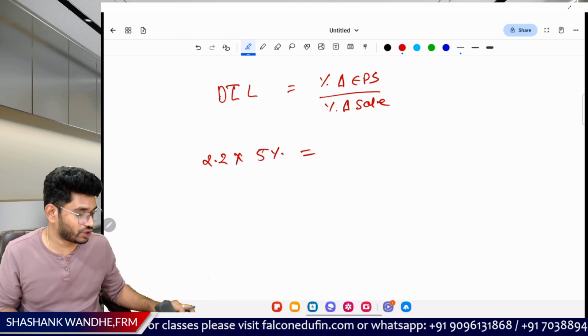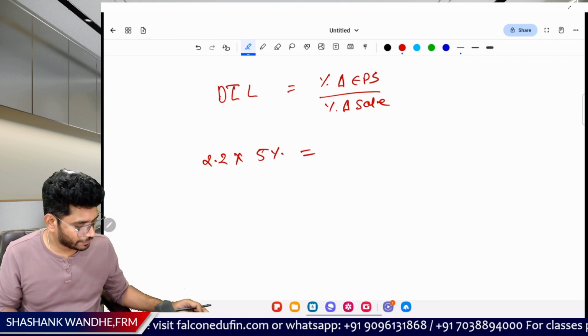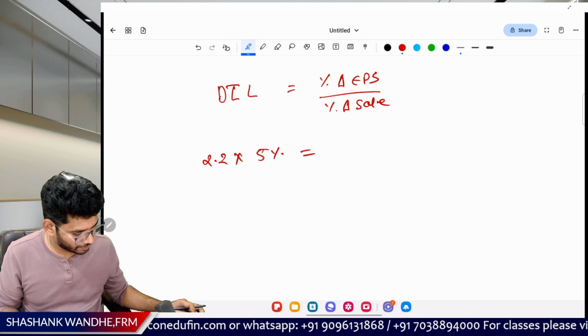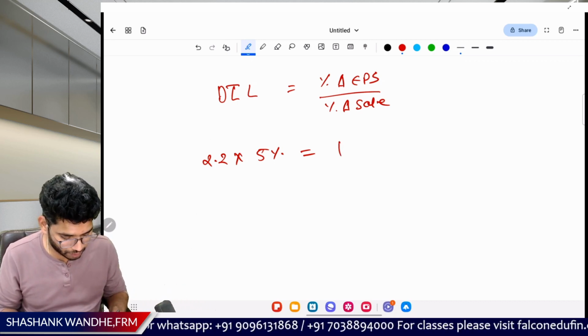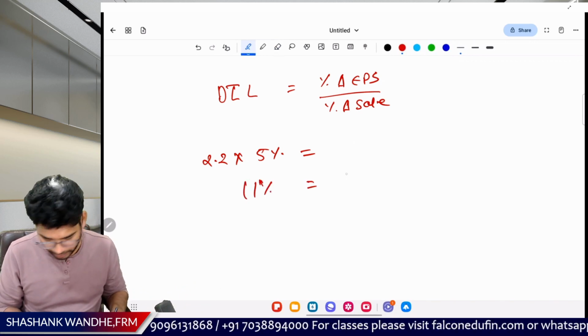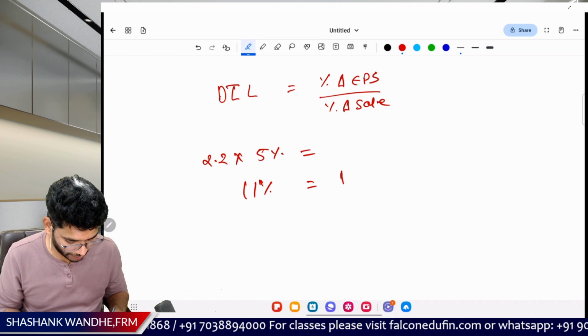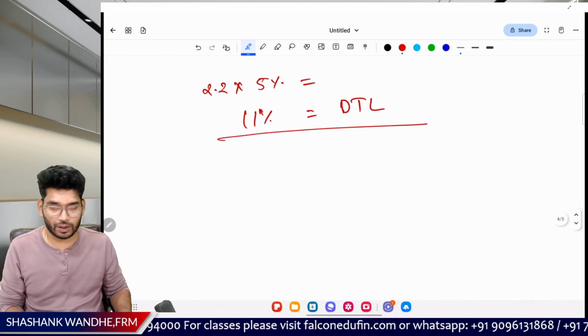So what will be the percentage change in EPS? 5 multiplied by 2.2 is equal to 11%. Very simple. And these are the points you need to remember.